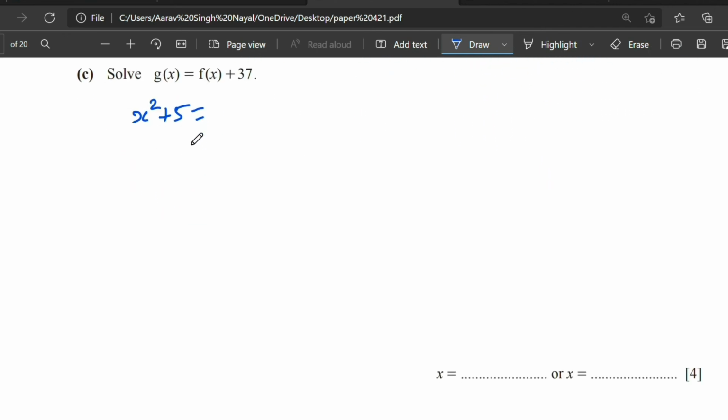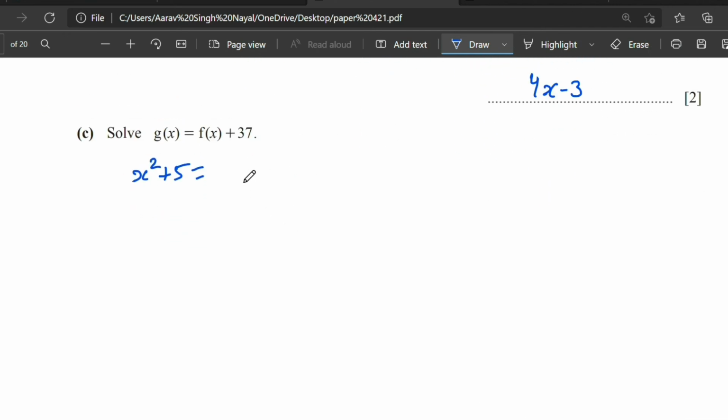Now rearranging them, taking all to the left side, x square plus 2x, and this will be 5 minus 3 minus 37, which will be minus 35, equals 0.